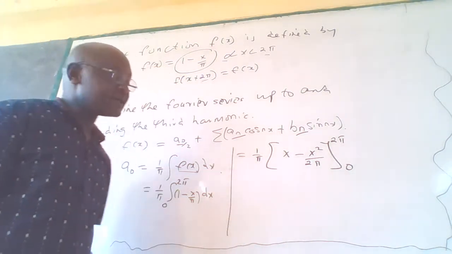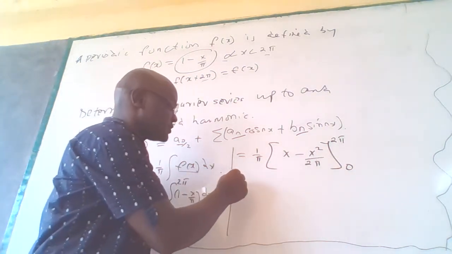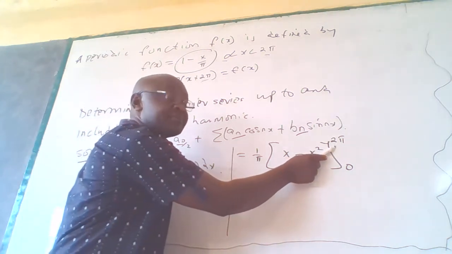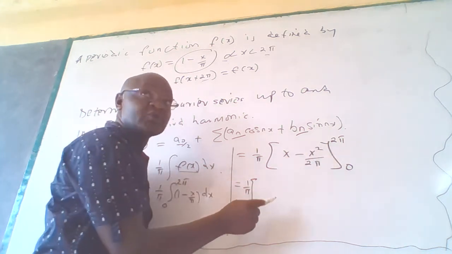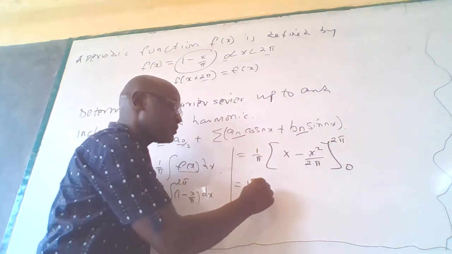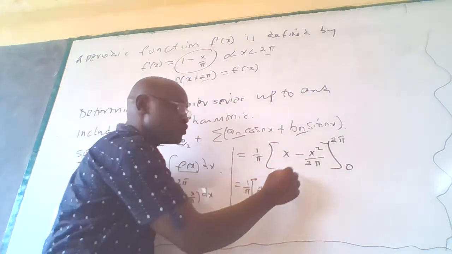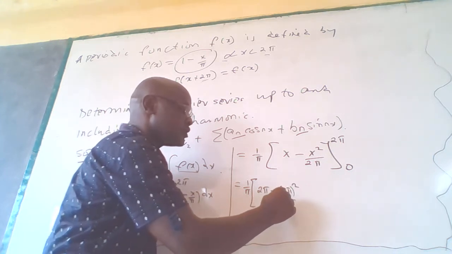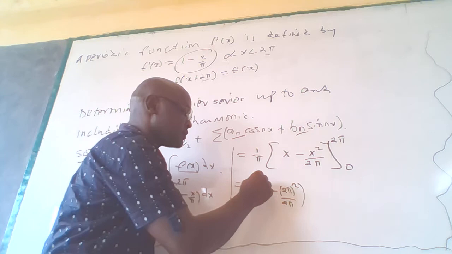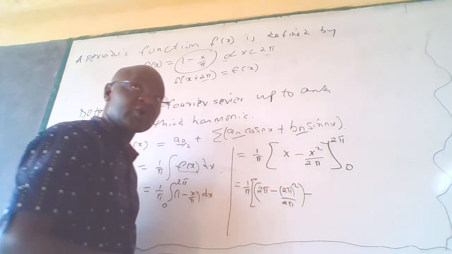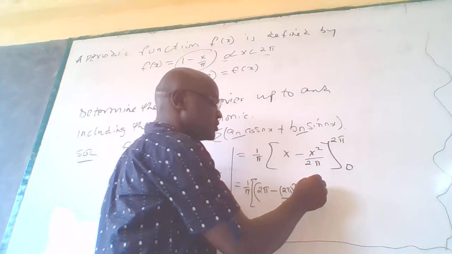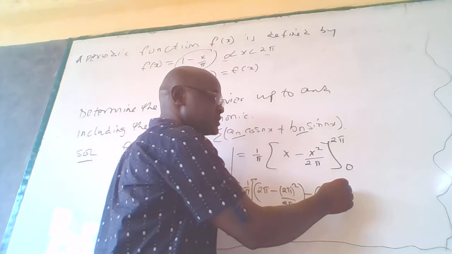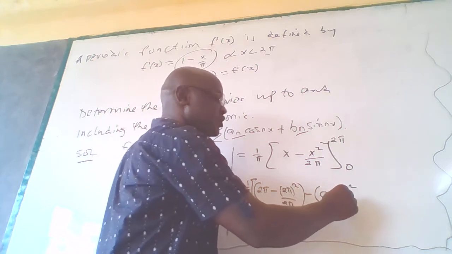We now substitute in the limits. 1 over pi, we start with the upper limit. Where there is x, you substitute 2 pi. So here we have 2 pi minus 2 pi squared over 2, minus, we substitute the lower limit, where there is x you put 0, so 0 minus 0 squared over 2.